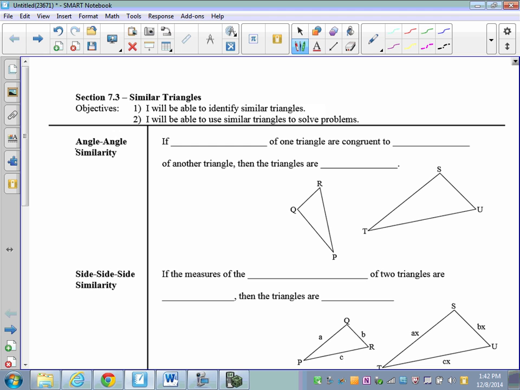The first one doesn't talk about side lengths at all. It talks about 2 angles, angle, angle similarity. This says if 2 angles of one triangle are congruent to 2 angles of another triangle, then the triangles are similar.